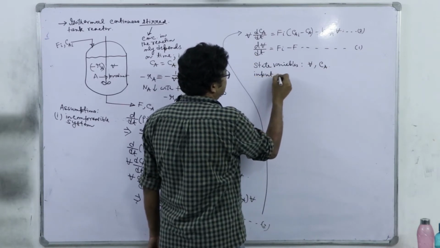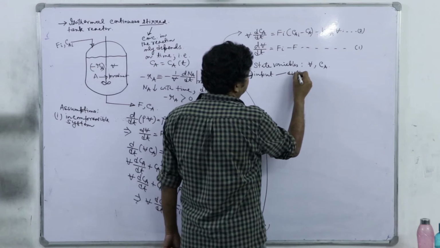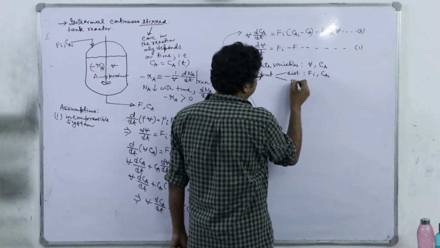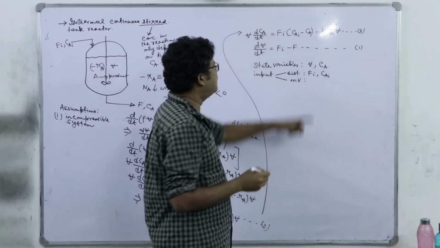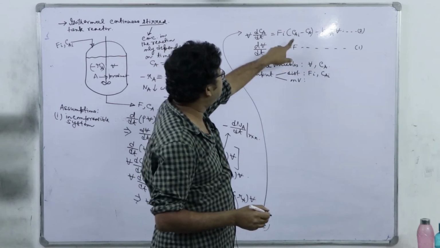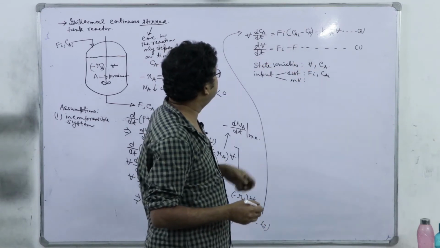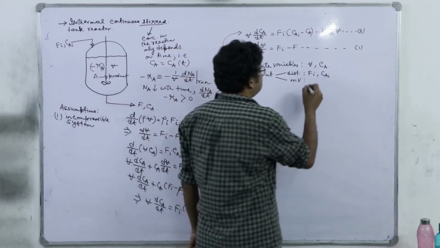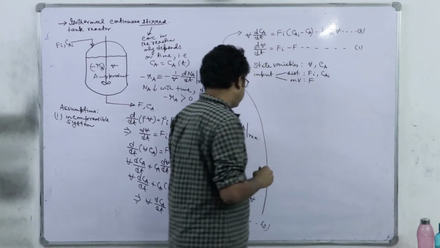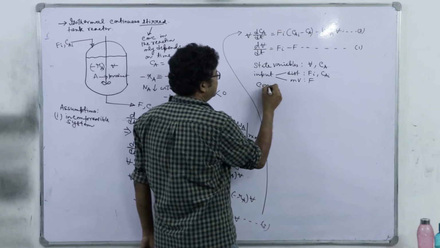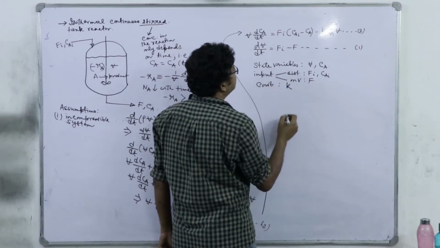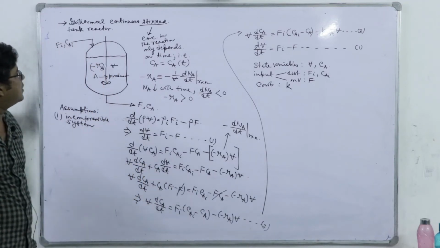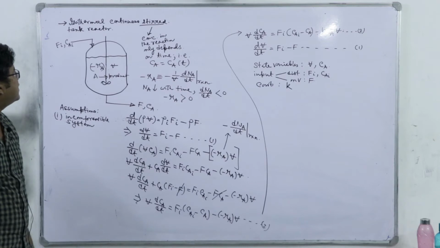The inputs where we have the disturbance are Fi and CAI, and the manipulated variable, you see, is only one, that is F, right. F is the only manipulated variable we have. And the constant parameter of the system is K. So, that is the isothermal continuous stirred reactor.